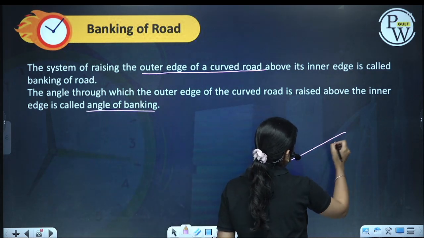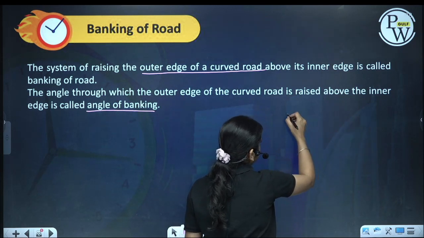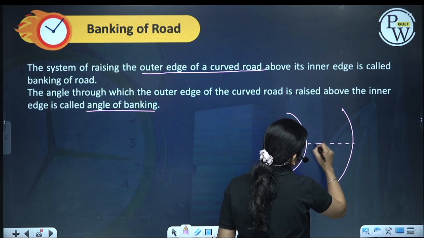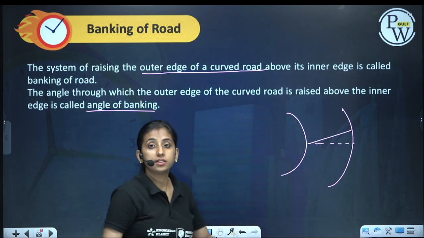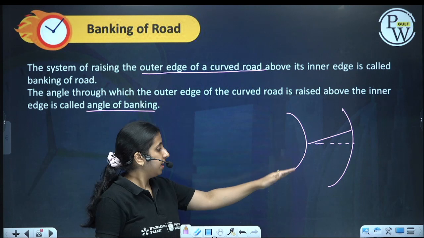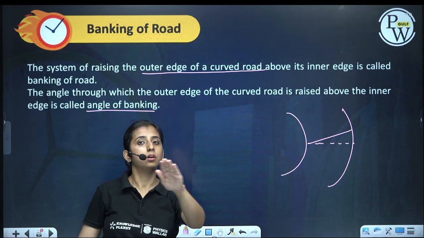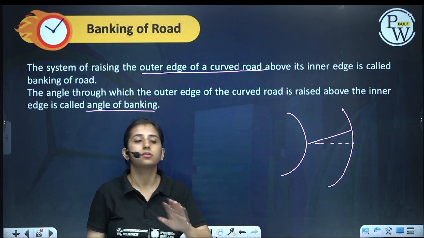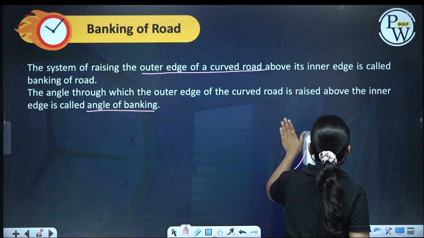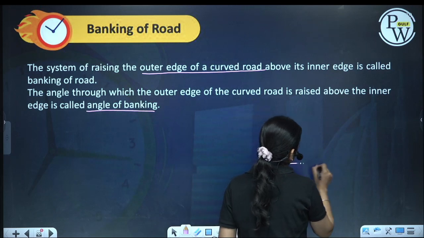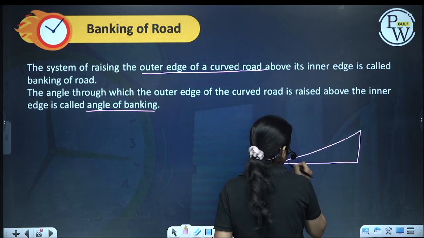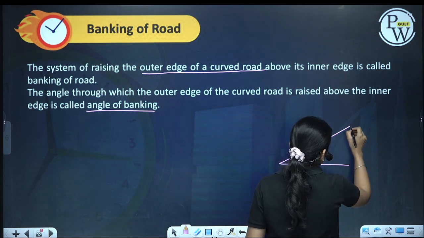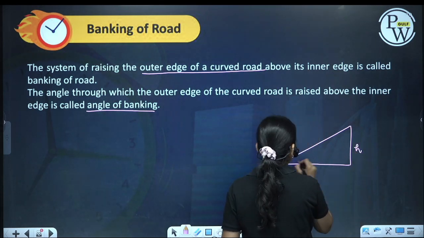So if we have a road like this, instead of horizontal, this road is raised by some height. The curved turn is like this. We raise the outer edge of the road with respect to the inner edge by some height.